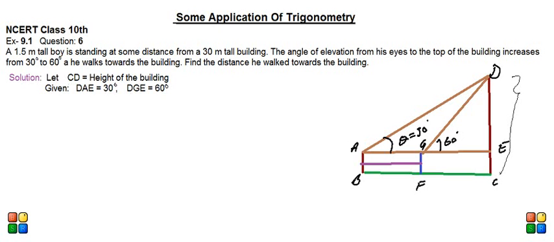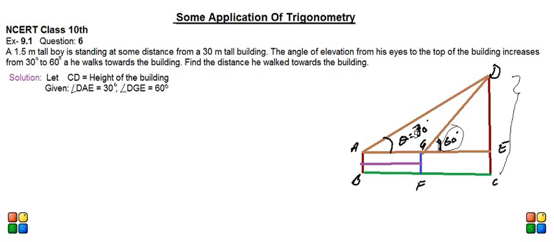What is given to us is that angle DAE is equal to 30 degrees, and also angle DGE is 60 degrees. So this is angle DGE, which is given as 60 degrees, and this is angle DAE, which is given to us as 30 degrees.